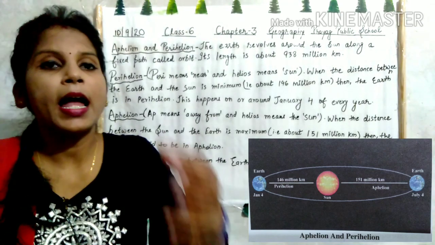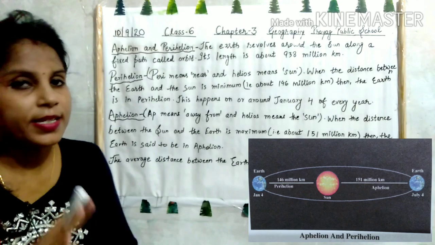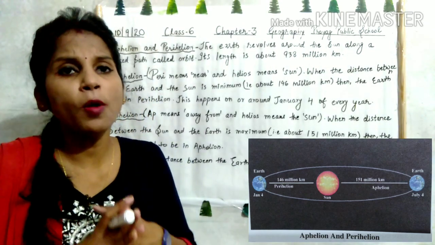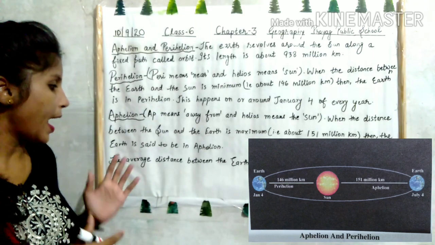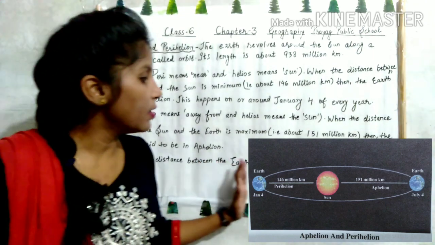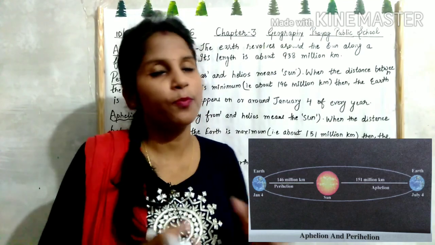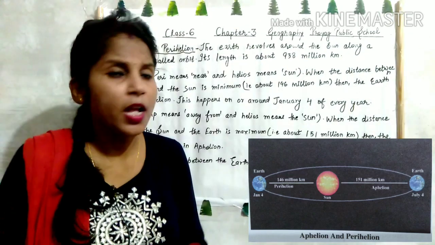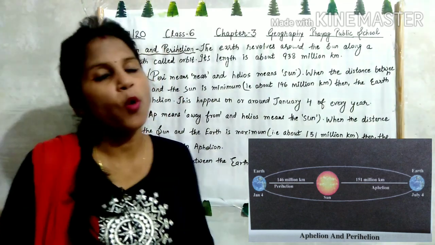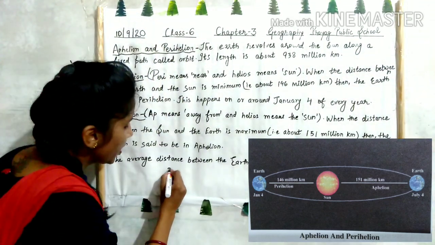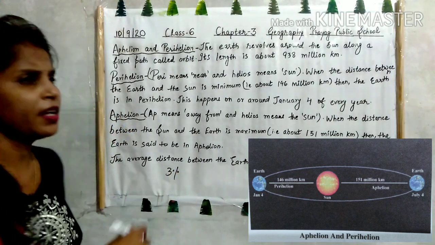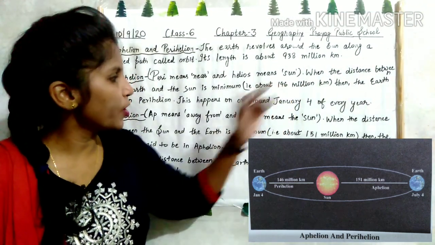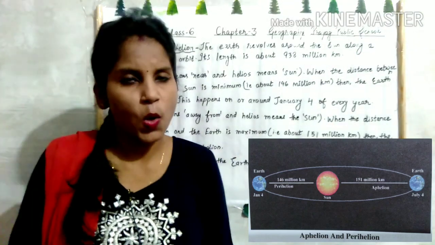The earth is in aphelion. और उस टाइम distance क्या होता है earth का? 151 million kilometers. Okay, and the average distance between the earth and sun is 148.5 million kilometers. जो average distance है अगर हम देखेंगे, it's 148.5 million kilometers, और only 3% ये fluctuate होता है. 148 से ये maximum 146 हो सकता है या 151 हो सकता है.